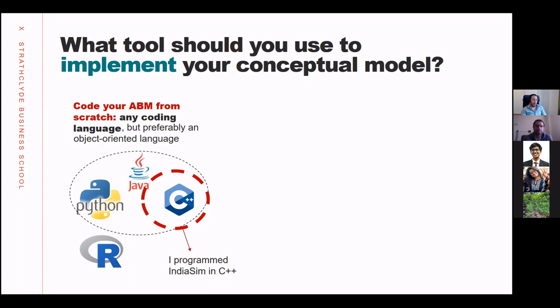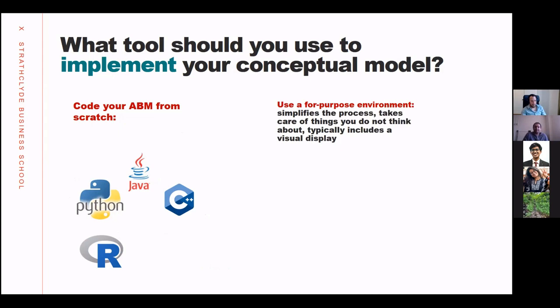Now, obviously, needing to learn how to program is a high barrier. So there are also for-purpose environments that simplify the process and take care of things you might not even think about when you first start working with agent-based models. Things such as, what order do my agents act in?